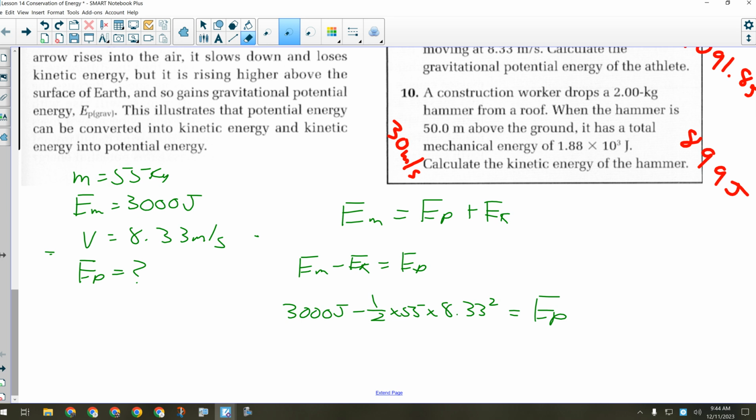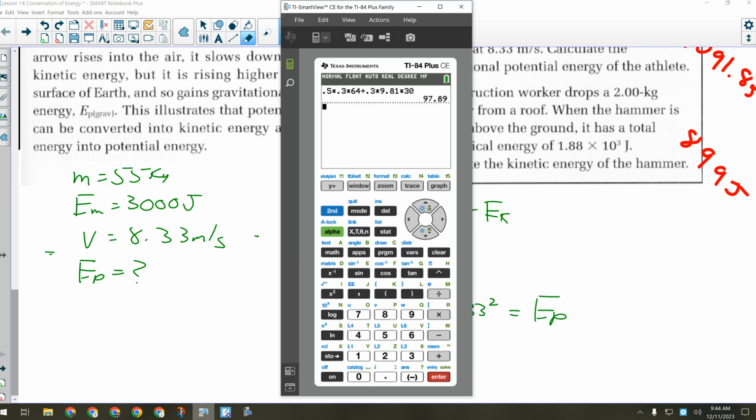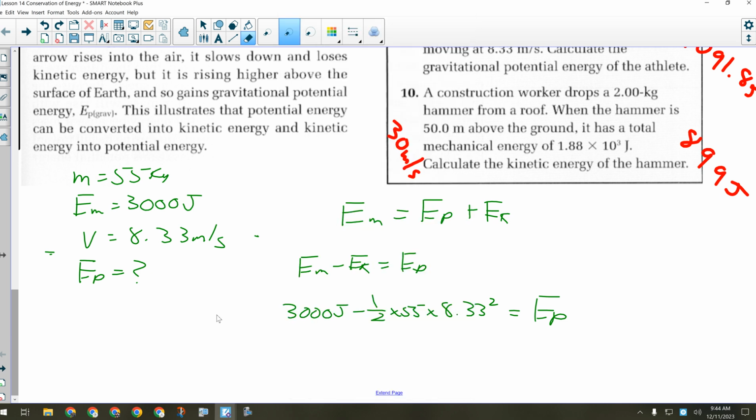If I punch that in, I should get 1,091, not 10,000. 0.5 times 55 times 8.33 squared. 1,091 joules. We actually only have 3 sig digs there, so it would be 1.09 times 10 to the 3 joules. That calculates the potential energy.